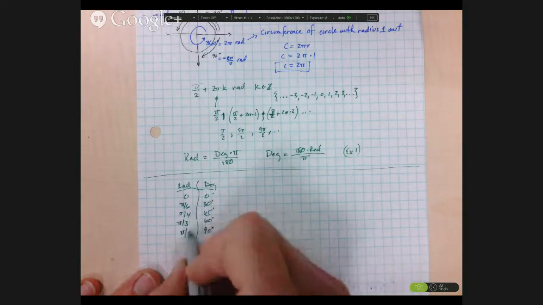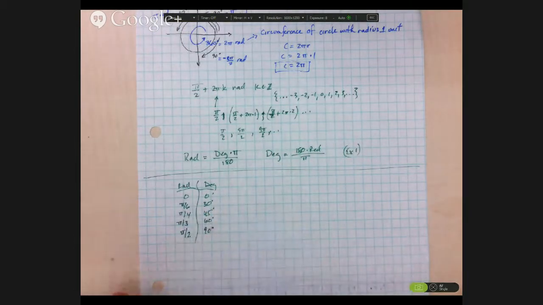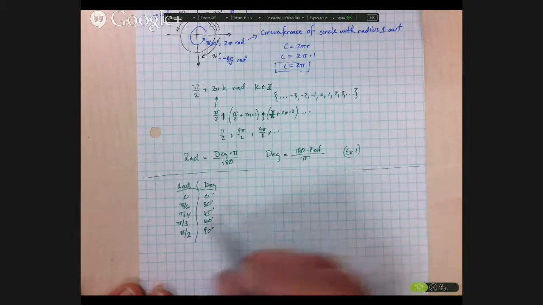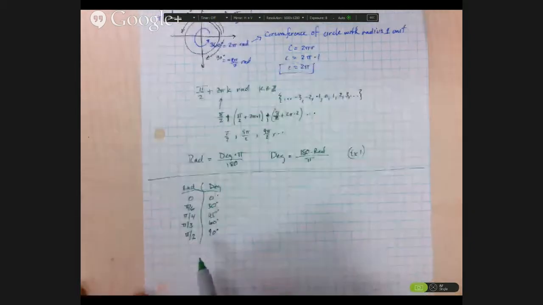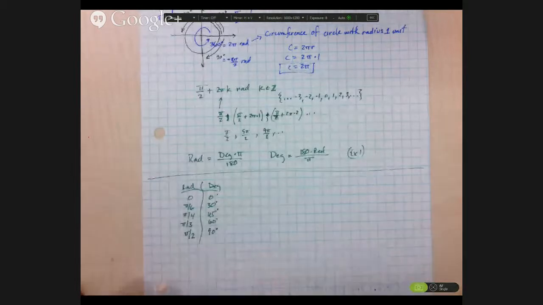You can see the succession in numbers makes a little pattern. Now on a unit circle, we don't need to show you that, but just have these memorized.